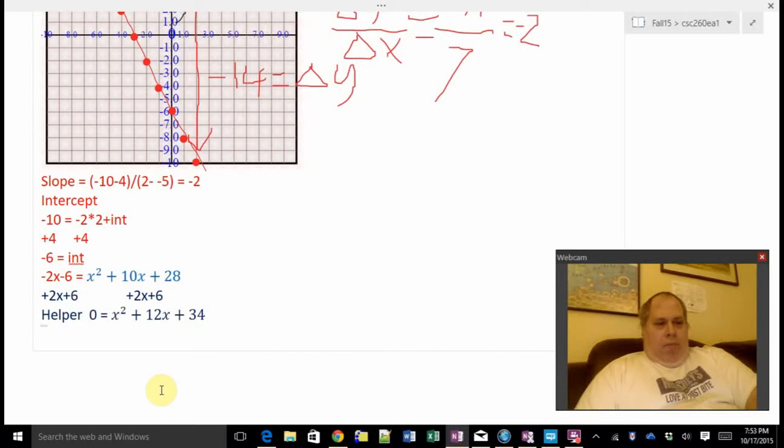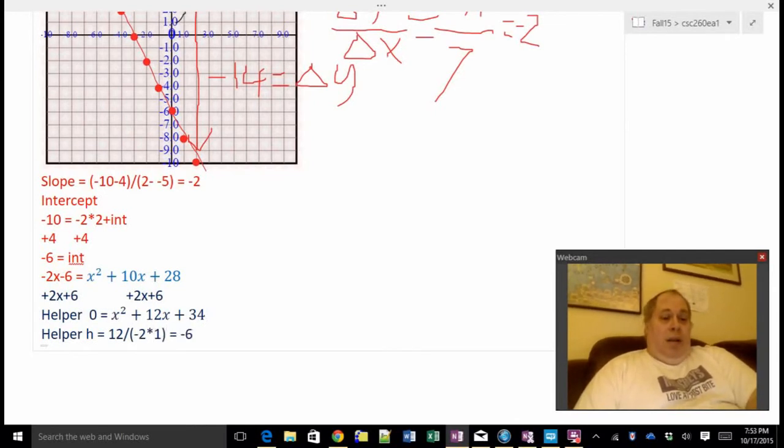Okay, so I always solve using the HK method, even algebraically. So what I want to find is helper h is equal to the helper b, 12, over negative 2 times the helper a, 1, which is equal to negative 6.